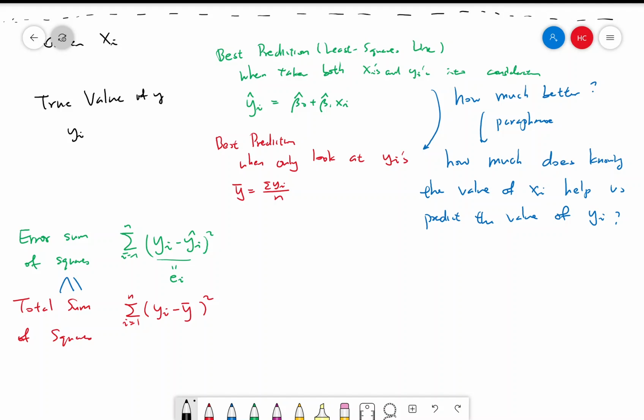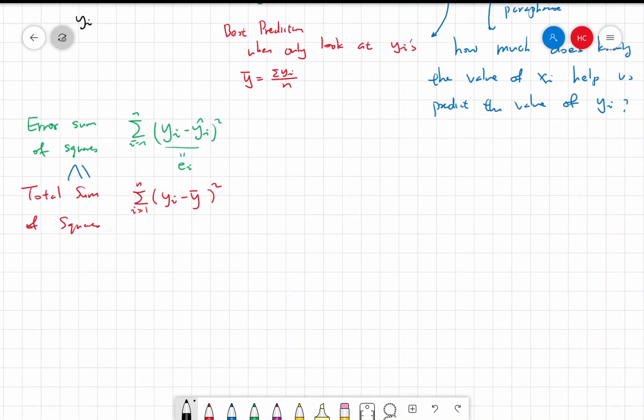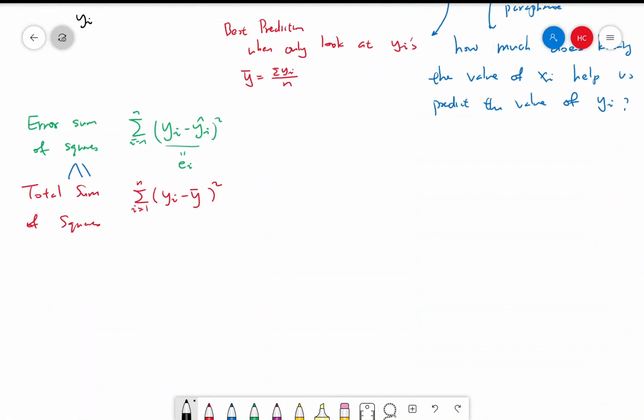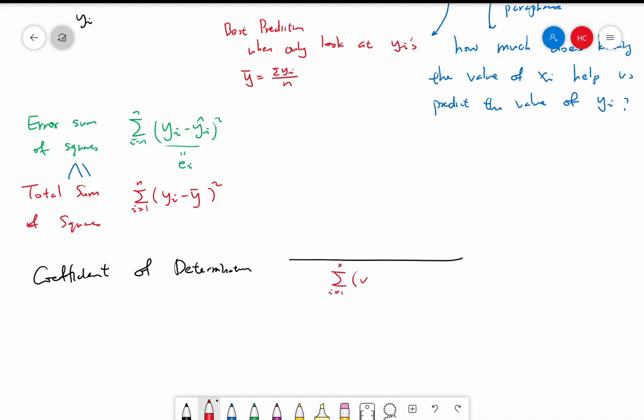Okay, so we want to measure how much the green prediction is better than the red prediction, so we take this quantity, which is called the coefficient of determination. So we take the bigger term, the red error in the denominator, and then we take the difference of the red error and the green error on top in the numerator.